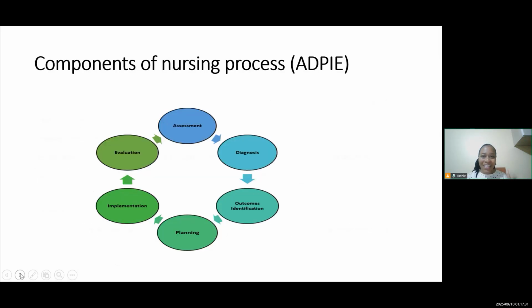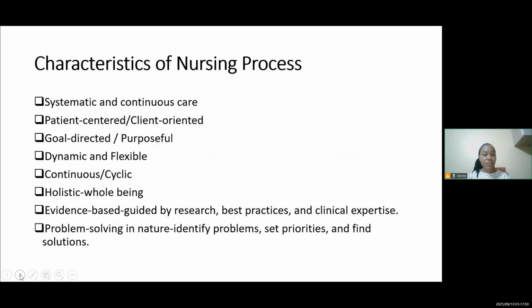What are the components of the nursing process? There are 5 components: assessment, diagnosis, planning, implementation, and evaluation, although some institutes introduce outcome identification during the diagnosis step. We're going to discuss this further.